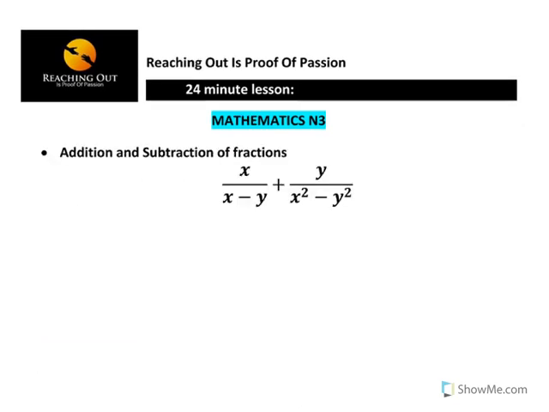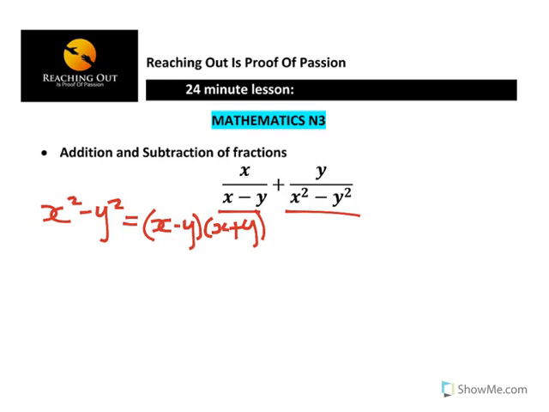We previously looked at this example where we are looking at x over x minus y plus y over x squared minus y squared. The key thing to take note of is your denominators. In this denominator you have x squared minus y squared, which is a difference of two squares, which is x minus y and x plus y.